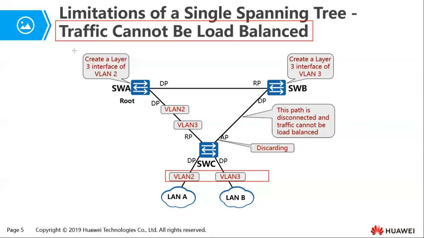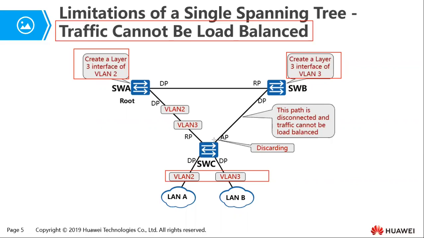Now, switch A is connected to a layer 3 interface that carries VLAN 2 traffic to their destination. On the other hand, switch B is connected to a layer 3 interface that is supposed to carry VLAN 3 traffic to their destination, for example.